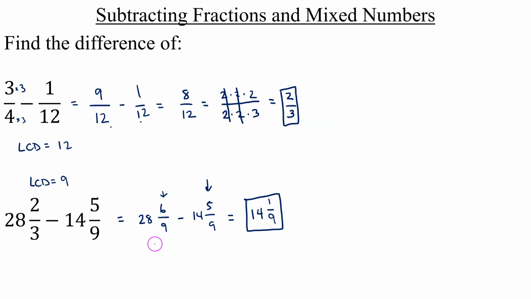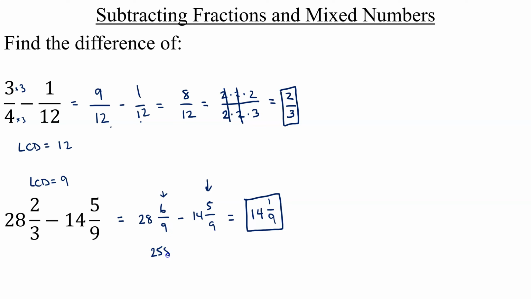The second method starts right at this point here, but we do a slightly different thing rather than just subtracting the whole numbers and then subtracting the fractions. We are going to change each mixed number into an improper fraction. And we do that by going 28 times 9, that gives us 252, plus 6, 258.